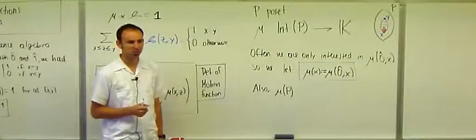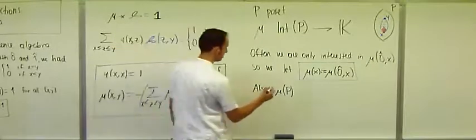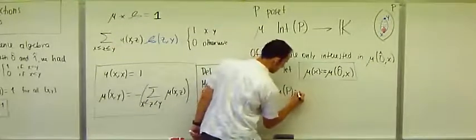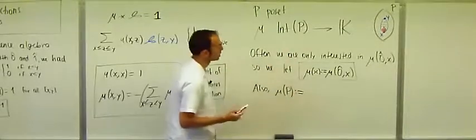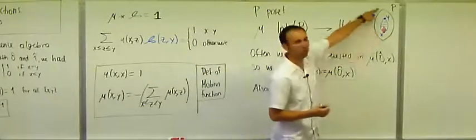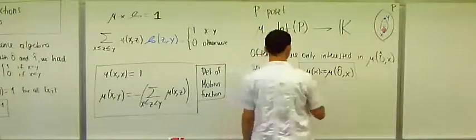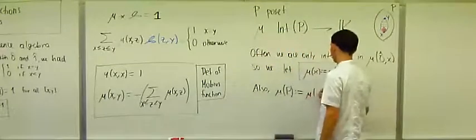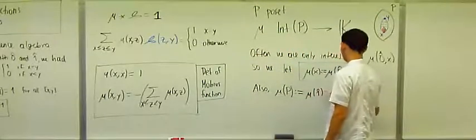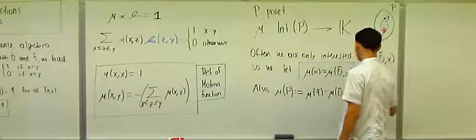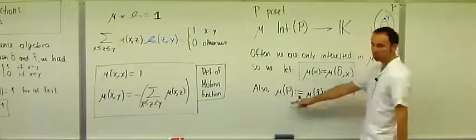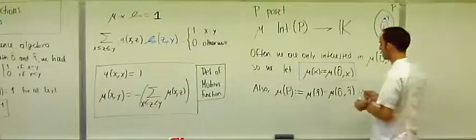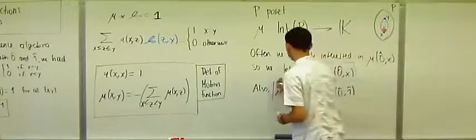So what should that be? Well, it's just the Mobius function at 0, 1. Okay? So mu of P is equal to mu of 1, which is also equal to mu of 0, 1. Sometimes this is called the Mobius number of the poset, and so it has a name also.